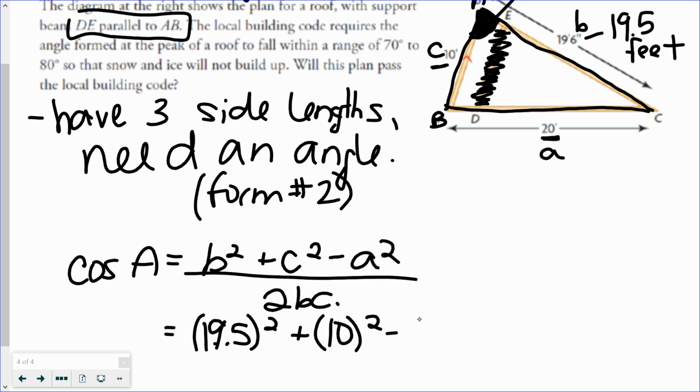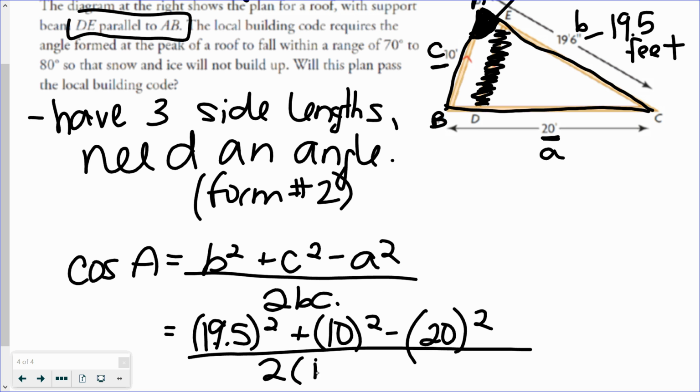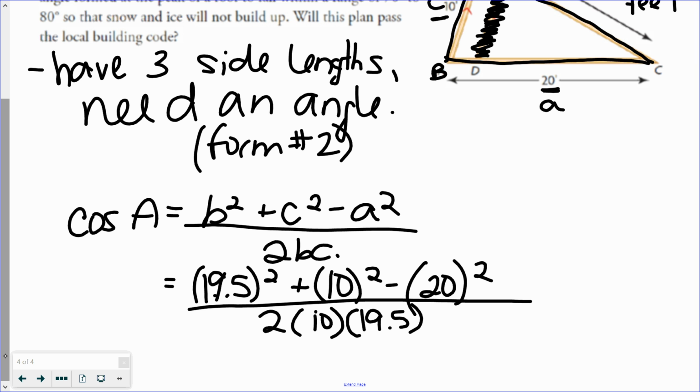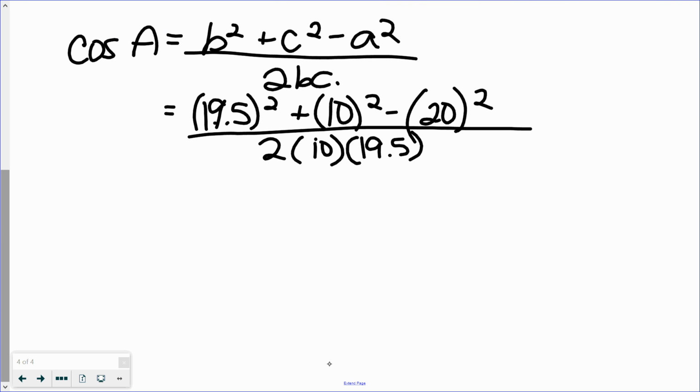And side length A is 20. I guess it doesn't matter what order I write it in. All right, so again, if you want to put it all in your calculator at once, an extra set of brackets won't hurt you.